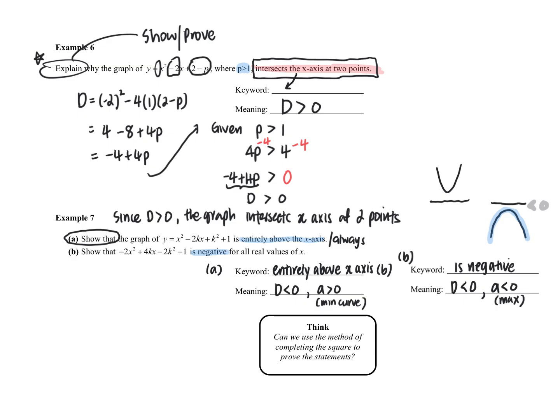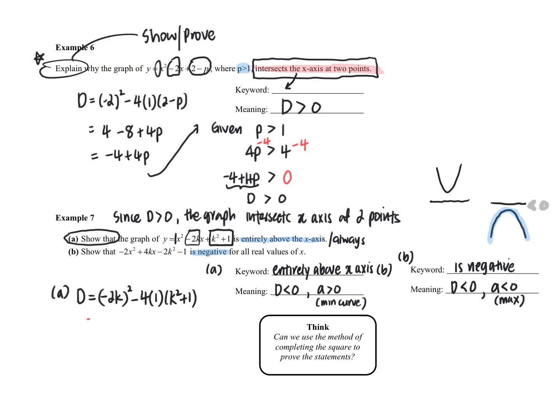So the idea is to prove it. So part A, if I want to prove that discriminant is greater than 0 or less than 0, I need to first find discriminant. So B square, this is my B, minus 4, A is 1, C is this entire chunk here.